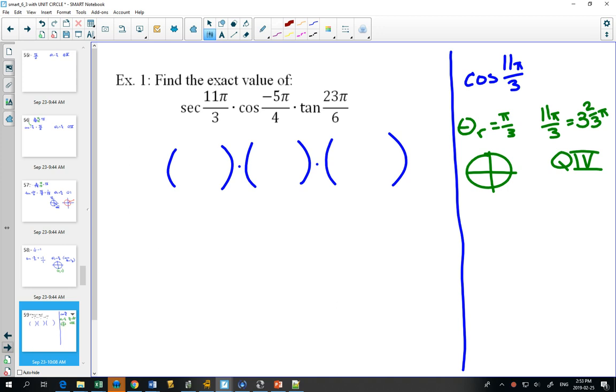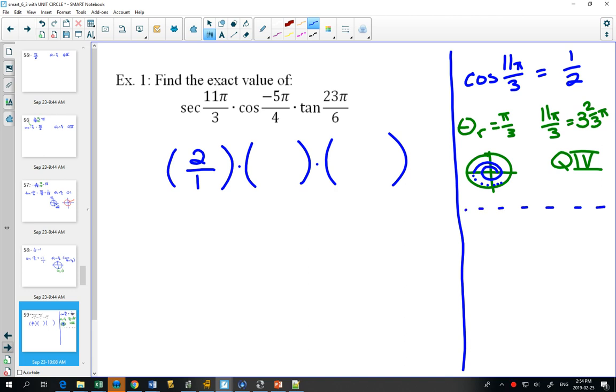Because on your unit circle, 1 pi, 2 pi, 3 pi would end on your negative x-axis, and then 2/3 is past half, so it's going to end in quadrant 4. Reference angle of pi over 3. For cos, that's 1/2. In quadrant 4, it's positive. Then secant of 11 pi over 3 will be 2 over 1. We figured out our first value.